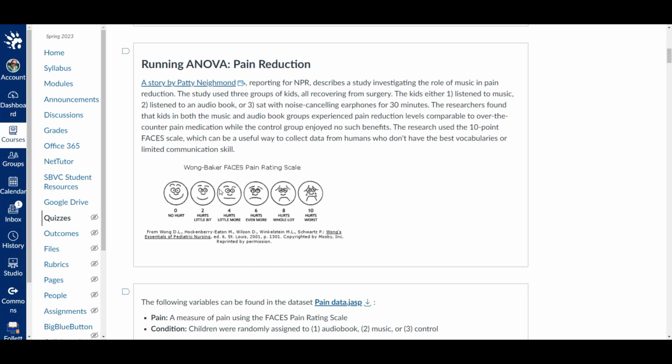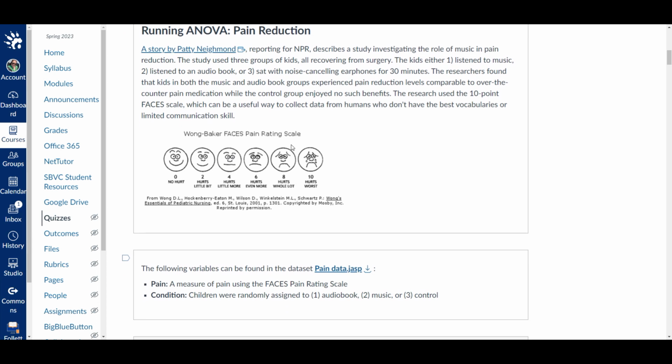We see the Wong-Baker FACES pain rating scale, where a 0 indicates no hurting, 2 hurts a little bit, 4 hurts a little more, 6 hurts even more, 8 hurts a whole lot, and 10 hurts the worst. So even young children are able to look at these faces and use the faces to indicate how much pain they're in at the time.